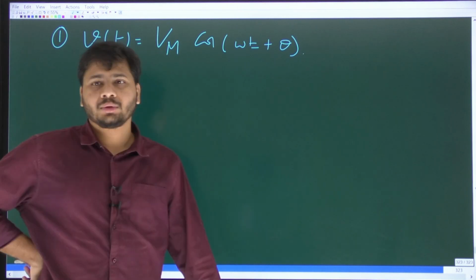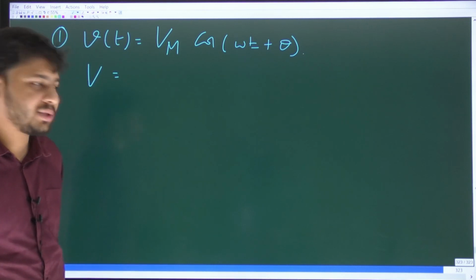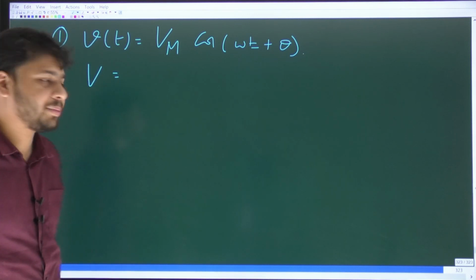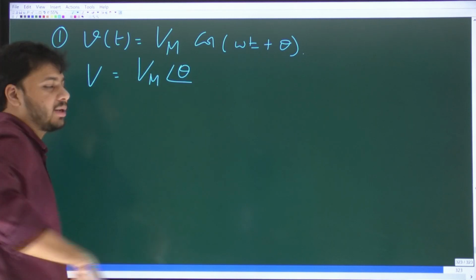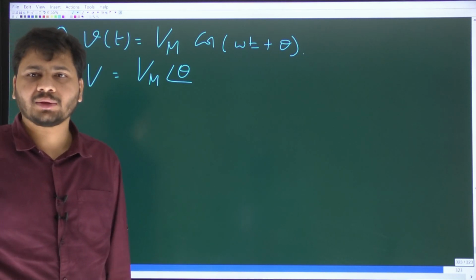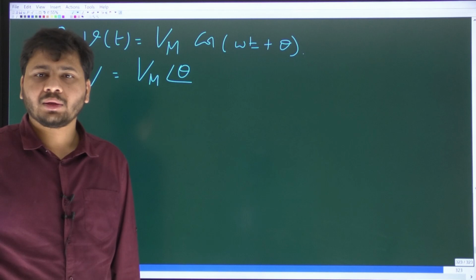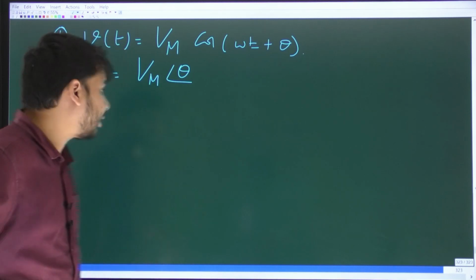So v of t, if it is Vm cos omega t plus theta, then its phasor representation is very simple. First you write Vm, then you simply write angle theta. That's all. Isn't it very simple? Vm cos omega t plus theta has the phasor representation Vm angle theta.